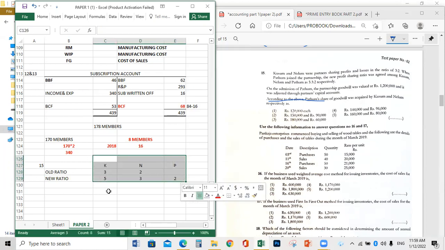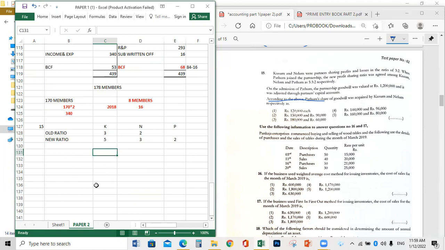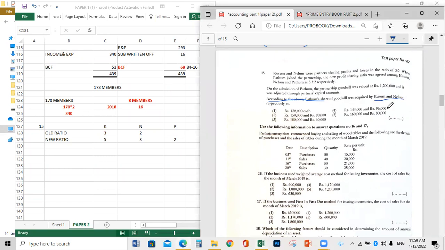On the admission of P, the partnership goodwill was valued at 1,200. Khadija, correct. And it was adjusted through the partner's capital account. So the goodwill is 1,200. They are asking, according to the above, Patum's share of goodwill, which was acquired by these two.